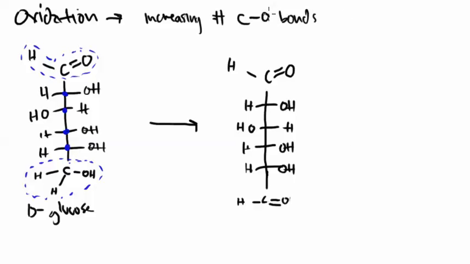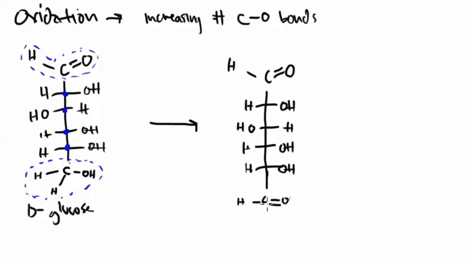The problem, though, is that it just doesn't stop there. Depending on the strength of the reagent that is undergoing or allowing this oxidation to happen, a couple of things will go on. Now, in both of these scenarios that we're going to talk about, we are increasing the number of C to O bonds.